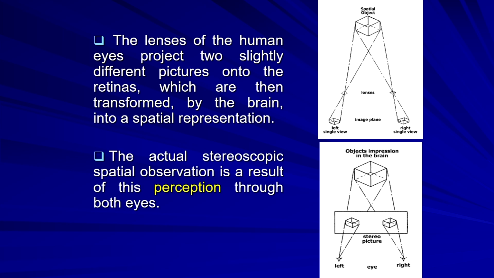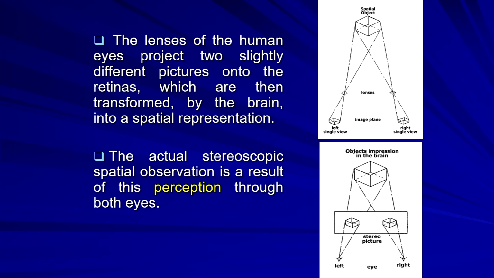This is what we are talking about in getting a stereoscopic image. The actual stereoscopic conceptual observation is a result of this perception through both eyes.